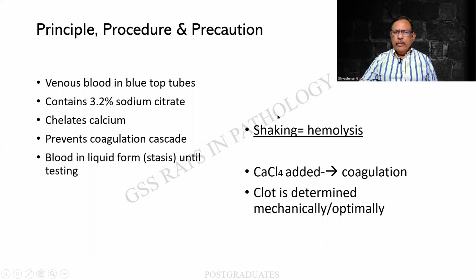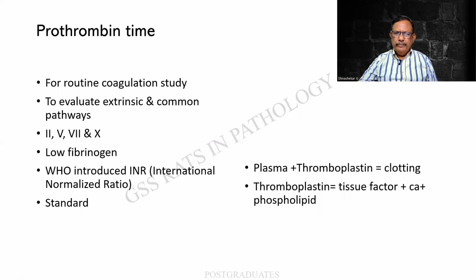The sample should not be shaken as it would cause hemolysis after collection. Calcium chloride is added and then the coagulation pathway is set in motion. Finally, the clot can be determined either mechanically or optically. So this is maybe a little bit of physics and chemistry here and there, but we shall remember.